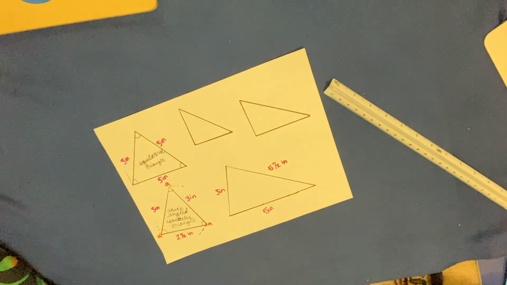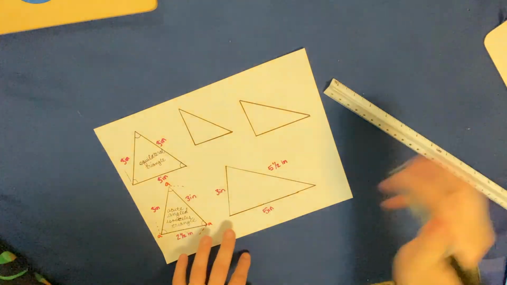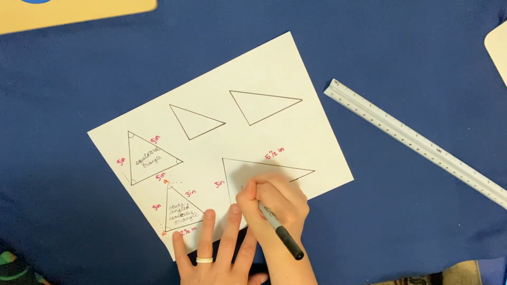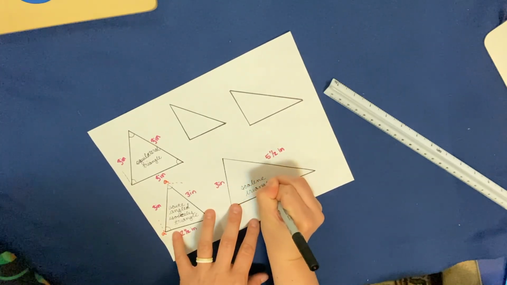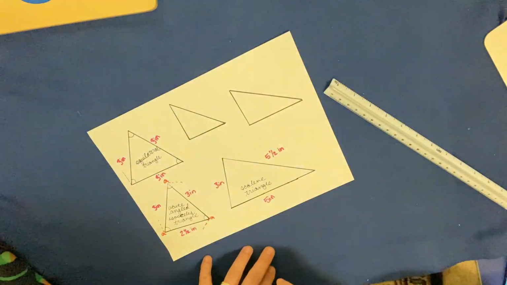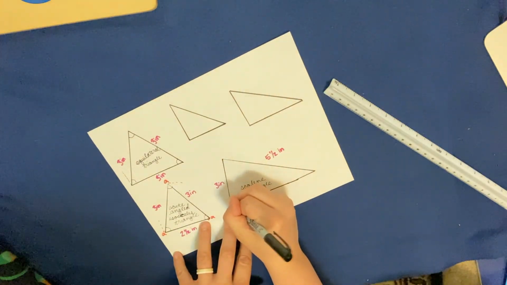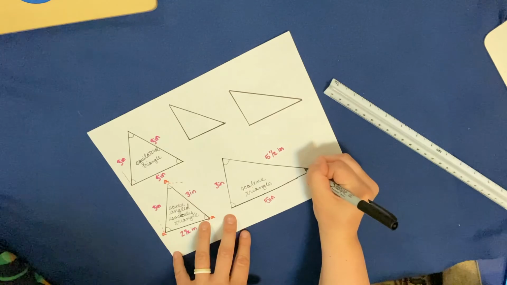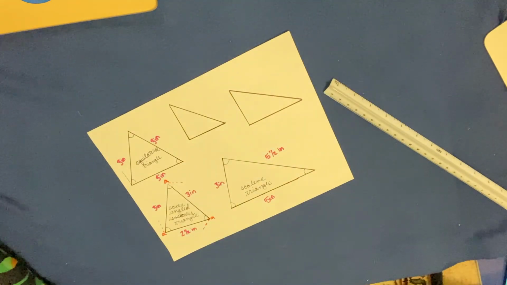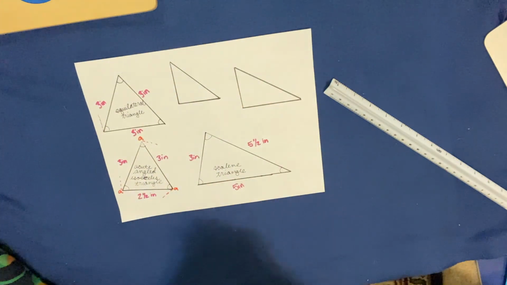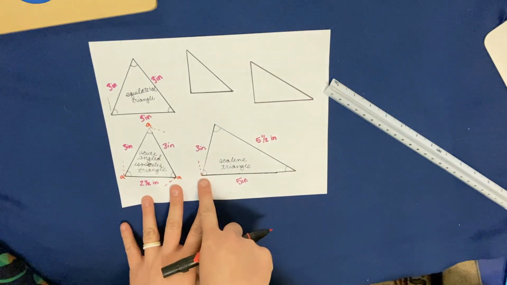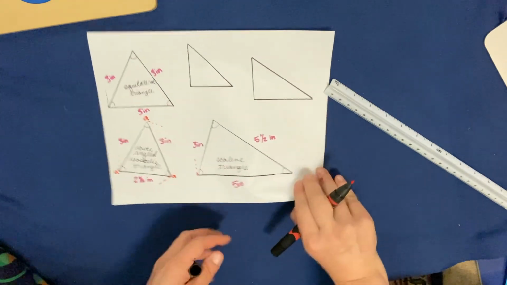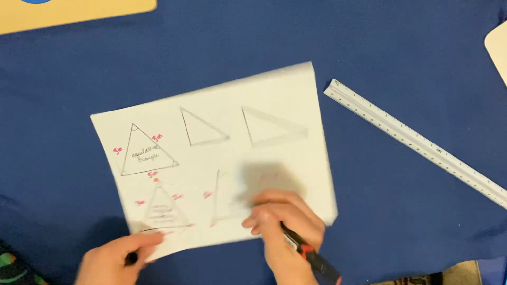So we know that triangles with 3 different sides are called what? A scalene triangle. And let's take a look at the angles. Here, here, and here. What kind of angles are these? Well, we can see their right angle marker, this angle comes before the right angle marker, so this is an acute.